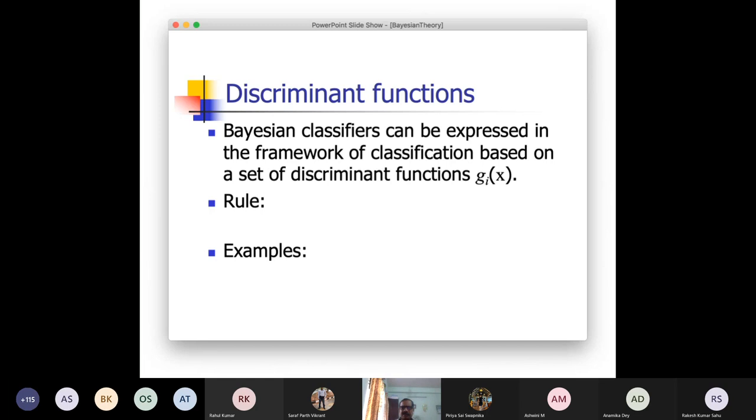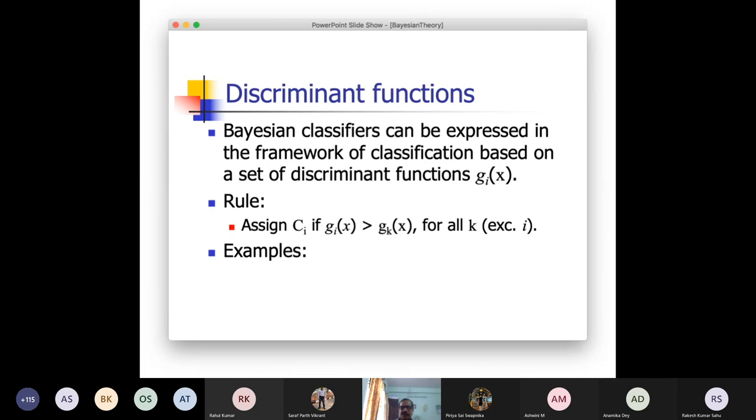Say we consider a set of discriminant functions, denoted by the functional form g_i(x) for the ith discriminant function. The rule is that for every class you have a function, g_i(x), for example for class C_i. Now you assign the class C_i to a sample x if its discriminant value is maximum over all other classes.